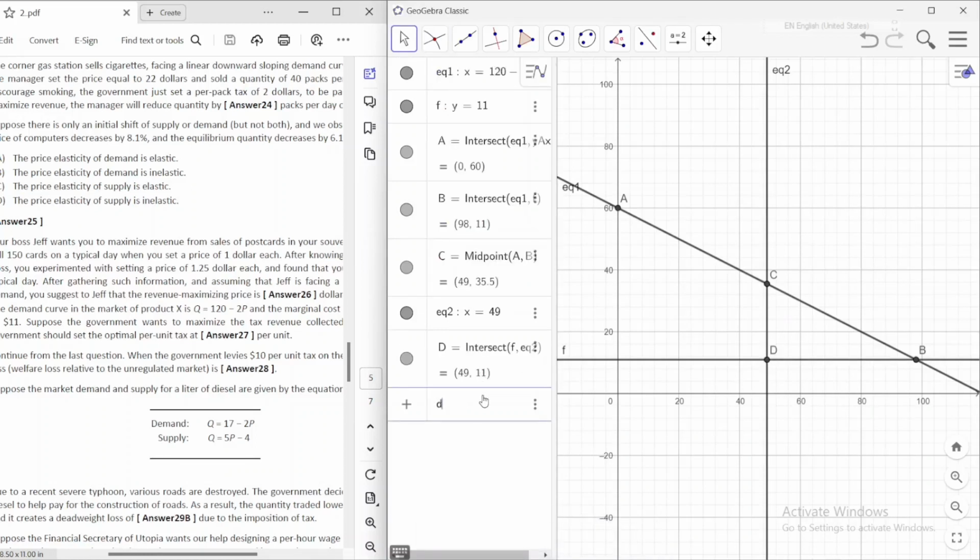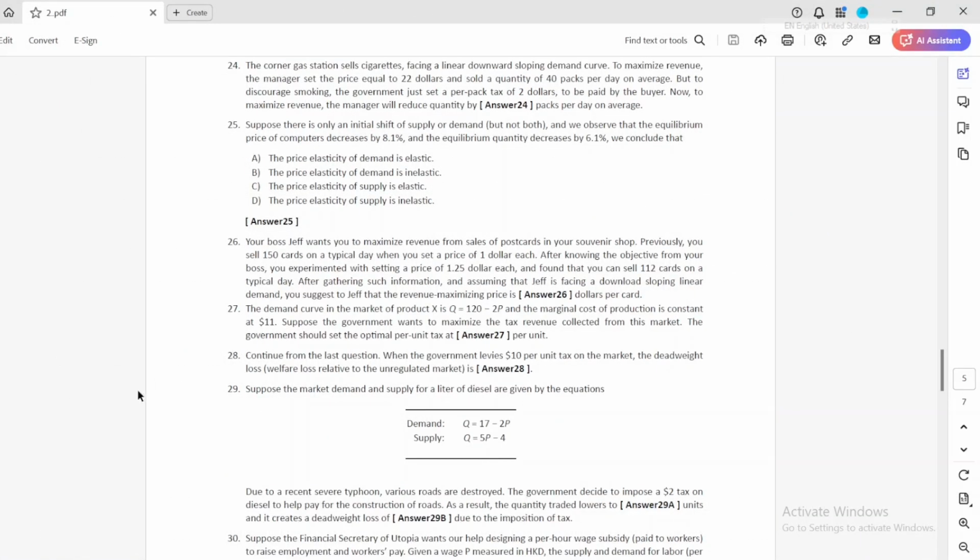So the distance CD is the tax. So 24.5 is the tax. So this is the answer.